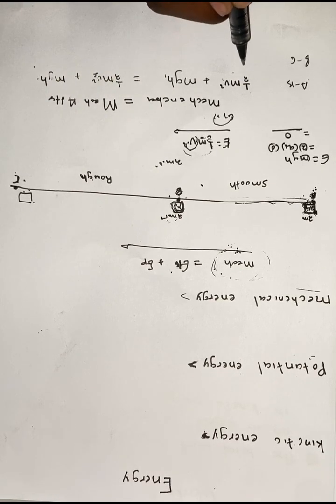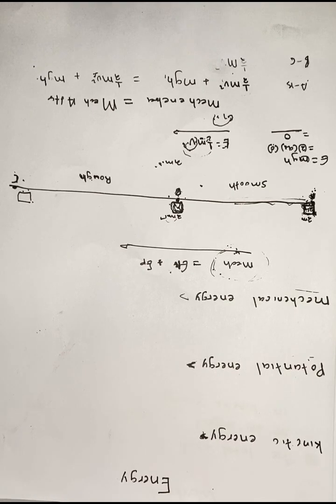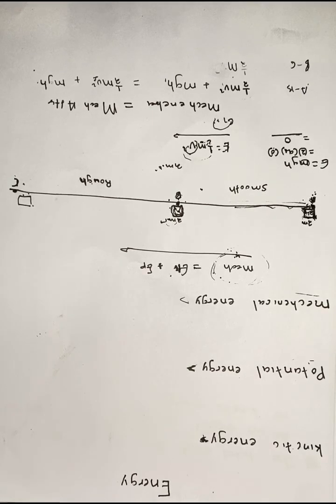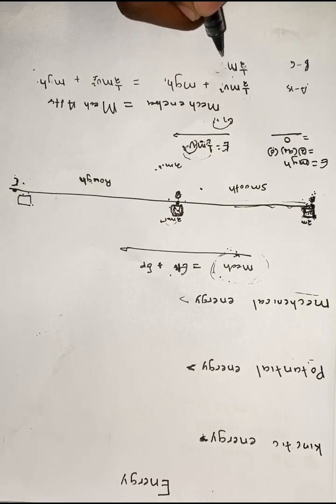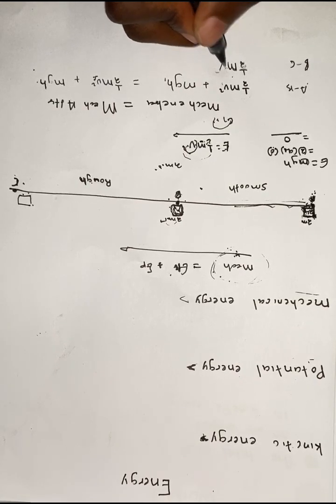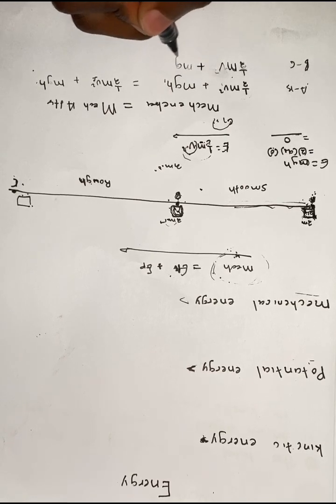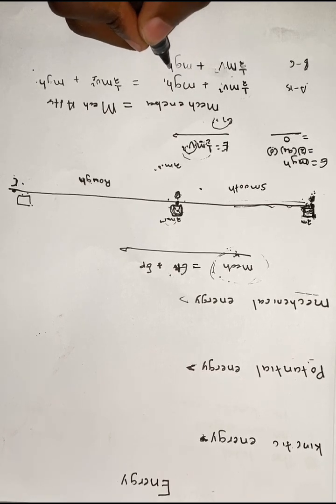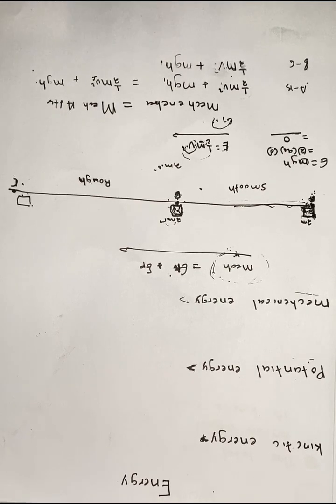Okay, that will be 1/2 mv squared plus mgh. Okay, all these are initial.